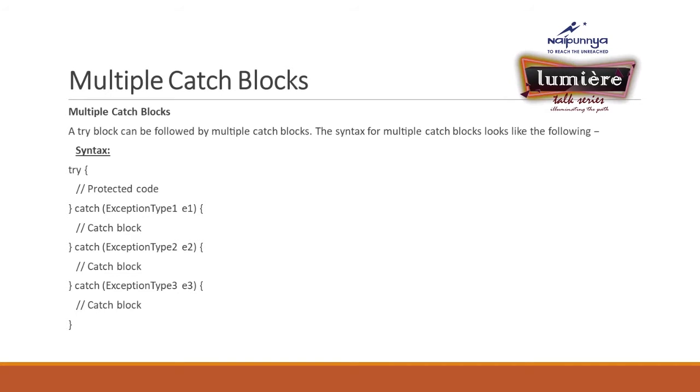It will check which catch block is matching its type, and that catch block alone will handle that exception. And finally, you have a finally statement which executes the code inside it. So this is the exception handling using multiple catch blocks.